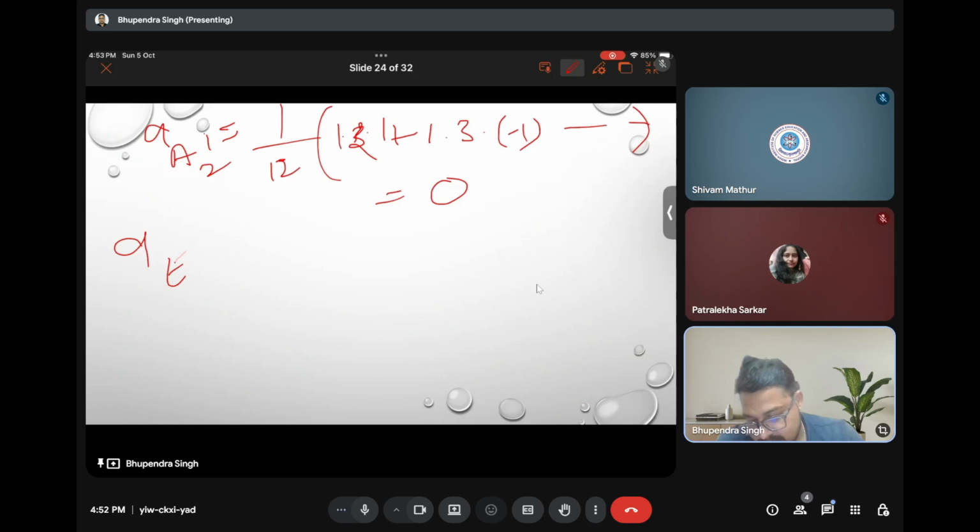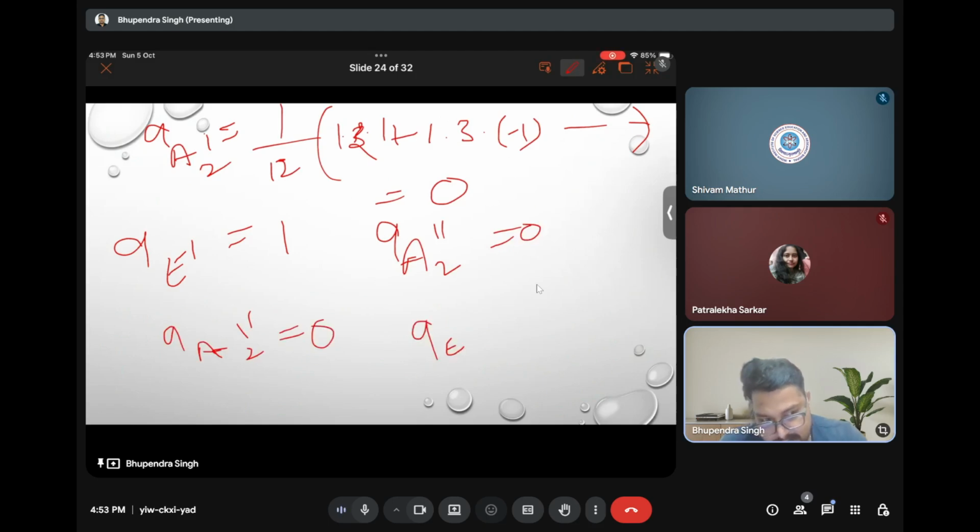For A1 dash it is equal to 1, A2 dash equal to 0, A1 double dash equal to 0, A2 double dash is equal to 0. So in this irreducible representation you will get E dash, and all the others are 0 here.